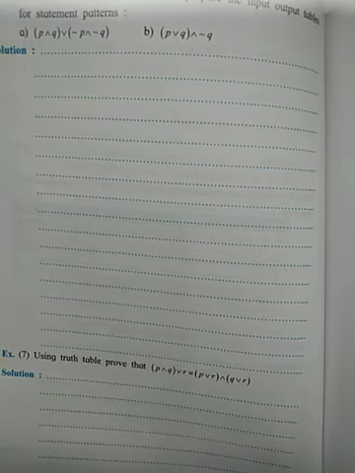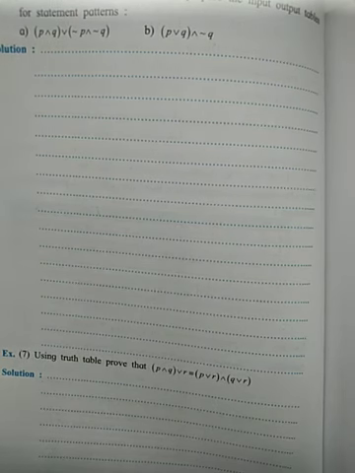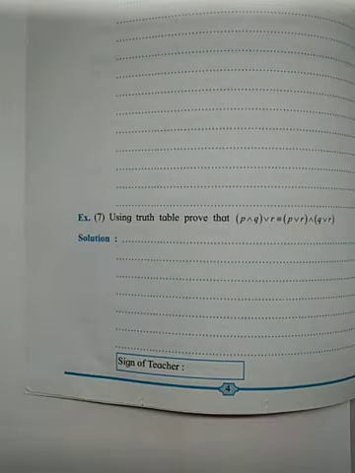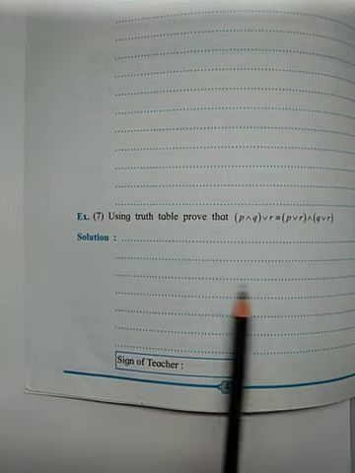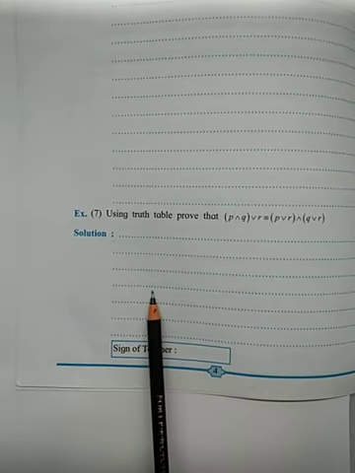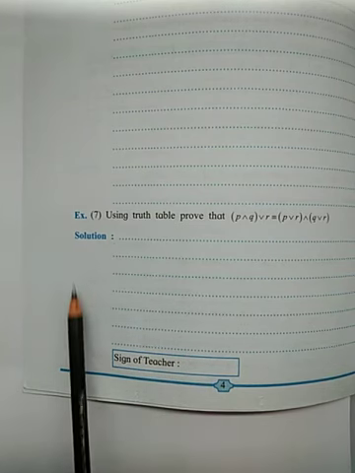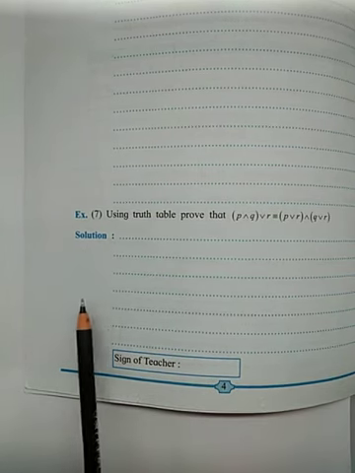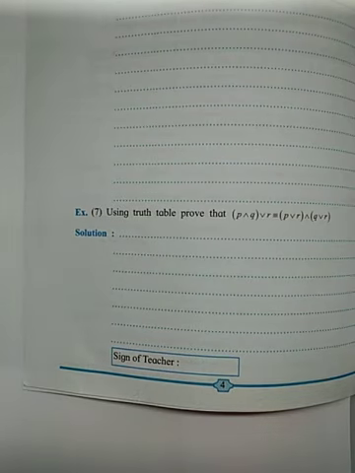Otherwise, if it is possible, write it in the same place. This one, example number 7. Students are facing problems because of less space. I can understand that. Try to write in small handwriting if possible. If not, then write on a separate plain page.